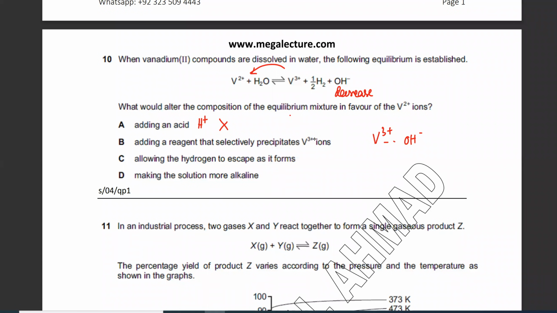The two might combine to form a solid, which is VOH3, which is kind of insoluble. I'm assuming it's insoluble. We don't know what the solubility of vanadium is. But the point is, the solution is going to have fewer V3 plus ions because they're all forming a precipitate. So the quantity of V3 plus ions would become lesser. So where would the equilibrium shift?